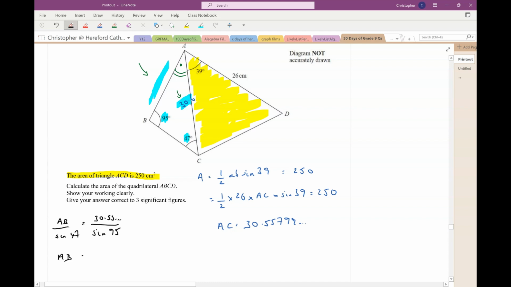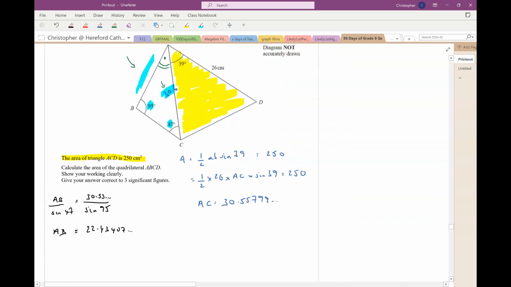So I've got the 30.55799 on my calculator. I'm going to divide that by sine 95, times by sine 47, equals. So AB is 22.43407 and so on.